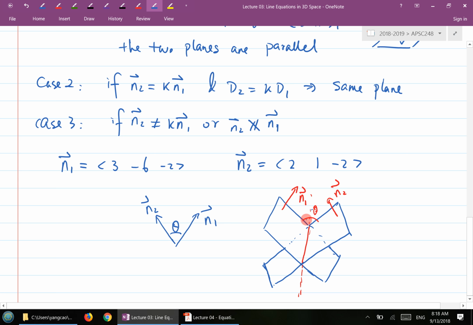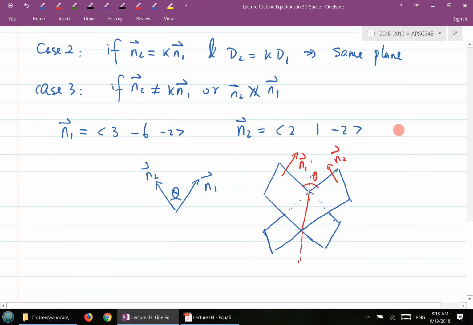Much easier, because we have different ways of finding the angle between two vectors. The easy way is using the dot product formula: cosine theta equals n1 dot n2, divided by their lengths, their magnitudes.